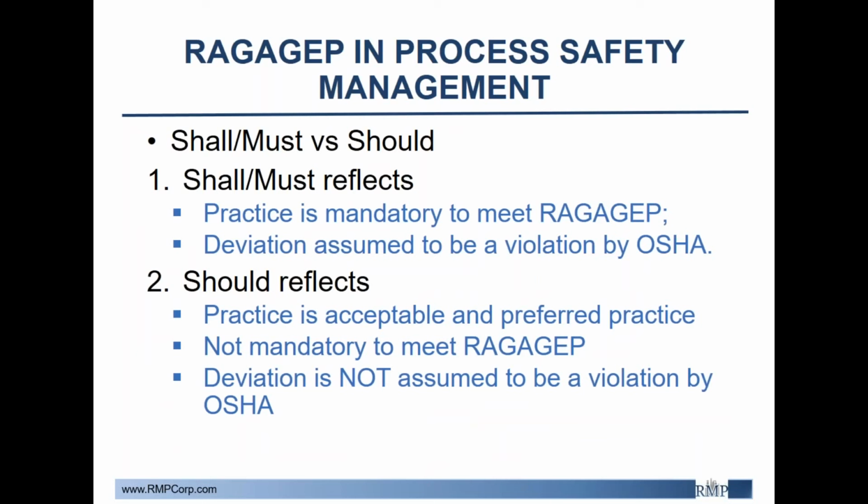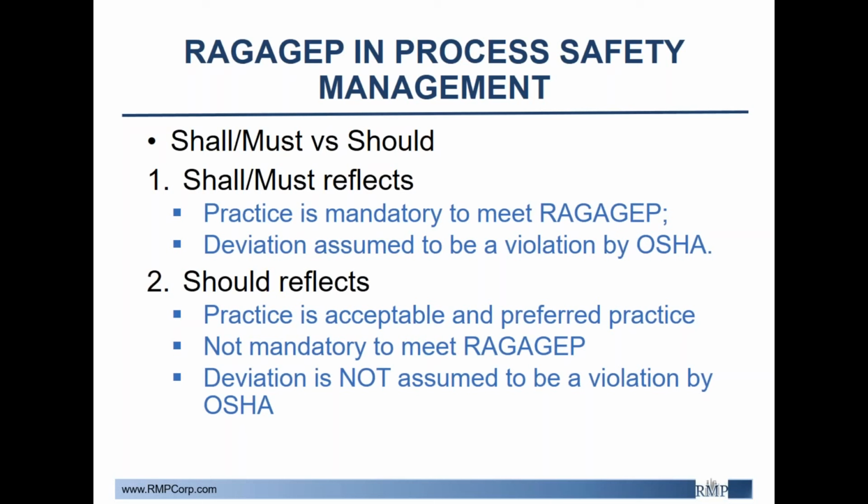OSHA has also provided some clarification on their interpretation of wording used in RAGAGEP standards. We will discuss shall/must or similar language versus should or similar language. Shall or must wording reflects that a practice is mandatory to meet RAGAGEP and a deviation is assumed to be a violation by OSHA.